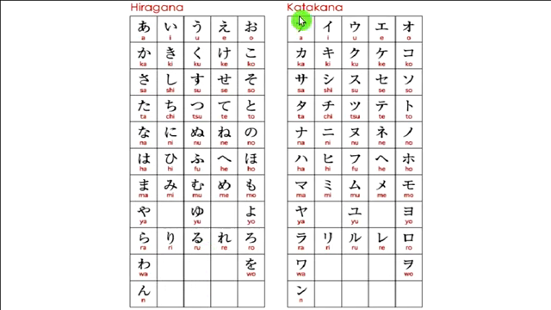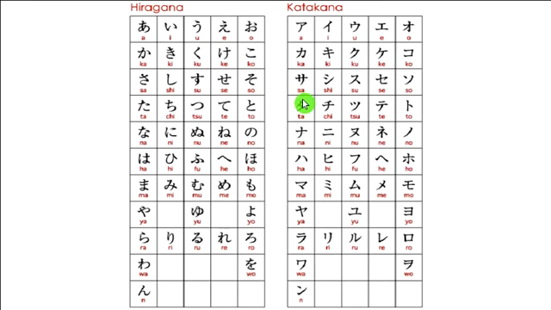Again, hiragana and katakana have different Japanese characters, but they share the same sounds. Since these two alphabets are phonetic, anything you can say in Japanese, you can write down using these characters.